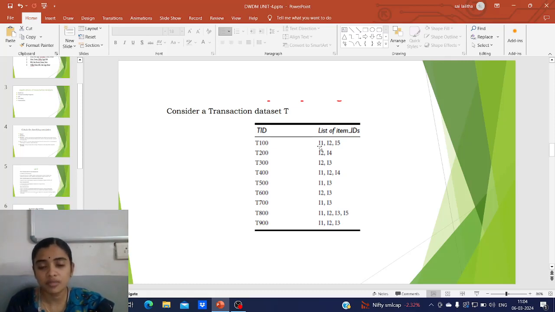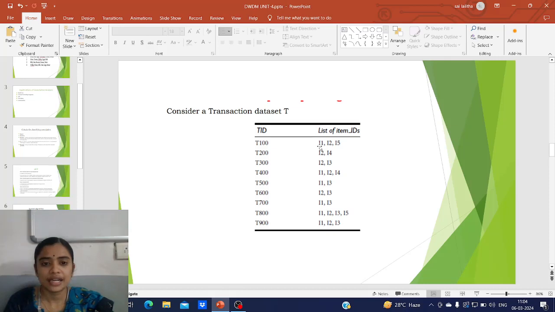Based on the minimum support, we check whether the support count of an individual item, combo item, or 3 item set satisfies the minimum support criteria or not. If the item set doesn't satisfy the minimum support criteria, it will be pruned from the frequent item set. That is one of the main rules we have to follow when applying the Apriori algorithm on any data set.